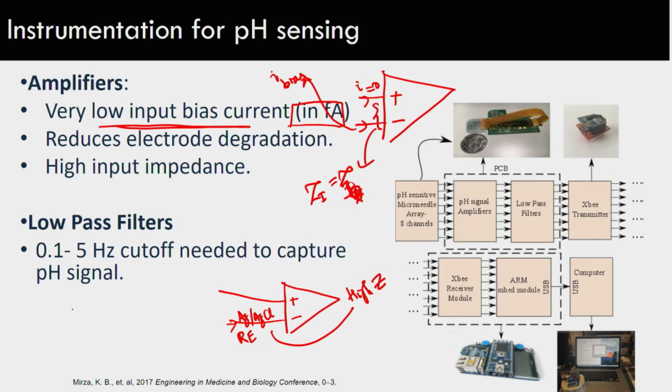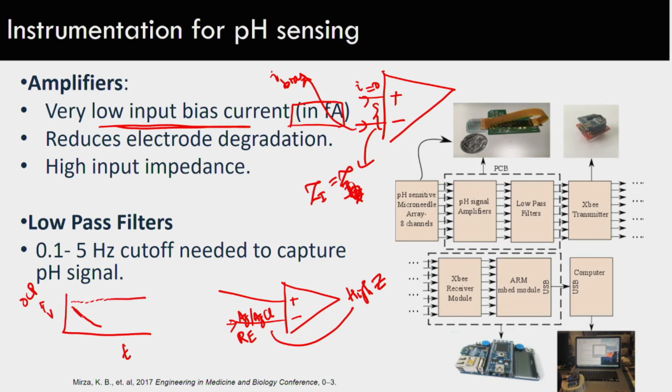In pH sensors, I will show you in a later diagram, here we have voltage and time. This is known as the OCP, open circuit potential. The potential that we are measuring between the reference electrode and the working electrode we call OCP. Ideally, if you are inserting it in a buffer where the pH is not changing, the OCP should be a straight line.